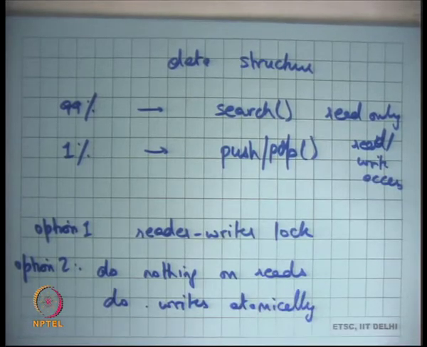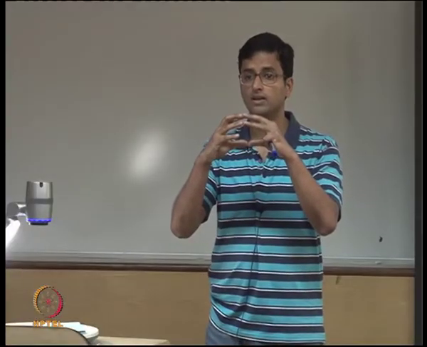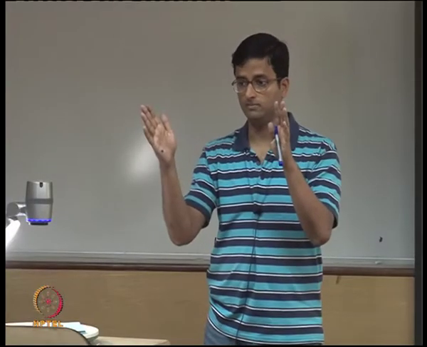All right, so what does this mean? Reads don't need to do any synchronization, so the code for the search procedure remains exactly the same. You don't use any locks for that. But in your write, in your push and pop, you ensure that this update operation happens in one shot, atomically, right? So the read operation or any other write operation cannot see the update operation half done.